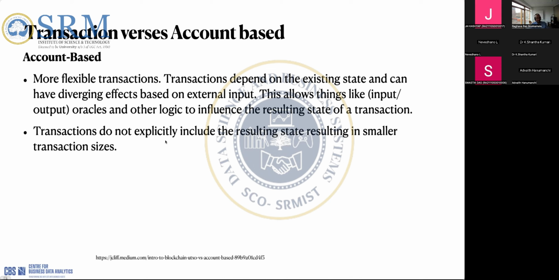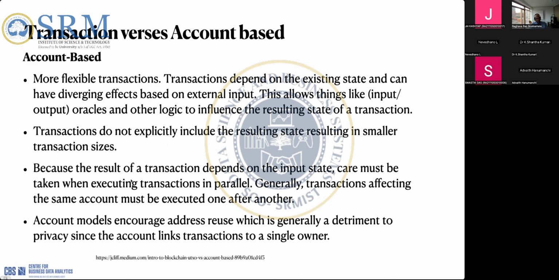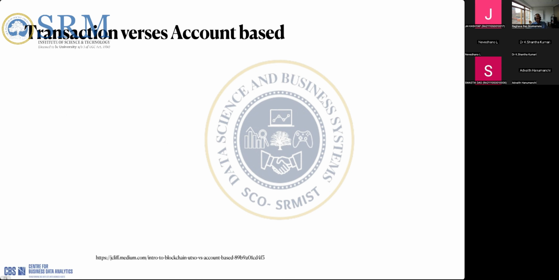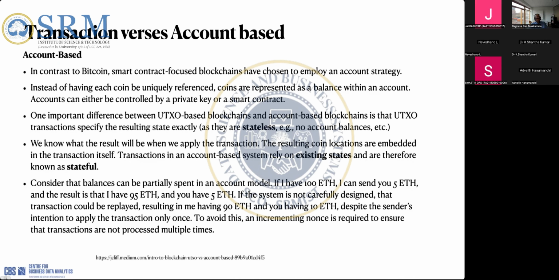And the transactions do not explicitly include the resulting state, right? So again, care must be taken in executing them, because you cannot simply run them in parallel. Since they have state, let me take this 5 ether case again. If I execute the same transaction 2 times in parallel, you will get an undesirable effect.